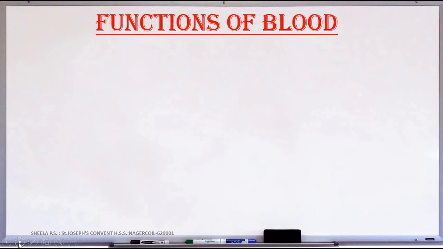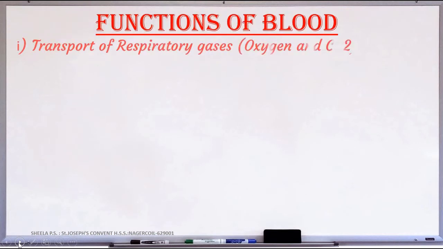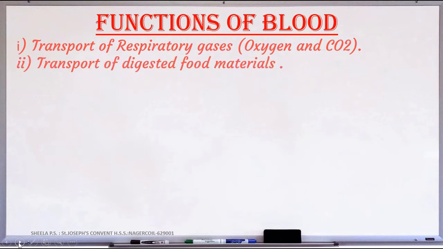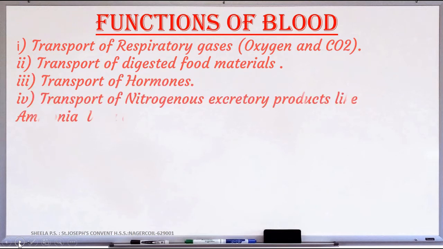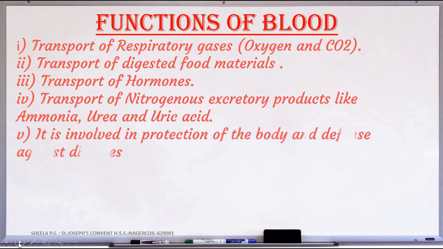Next is about the functions of blood. It transports respiratory gases, that is oxygen and carbon dioxide, the exchange of gases. It transports digested food materials to the different parts of the body. It transports hormones. It transports nitrogenous excretory products like ammonia, urea and uric acid. It is involved in protection of the body and defense against diseases.